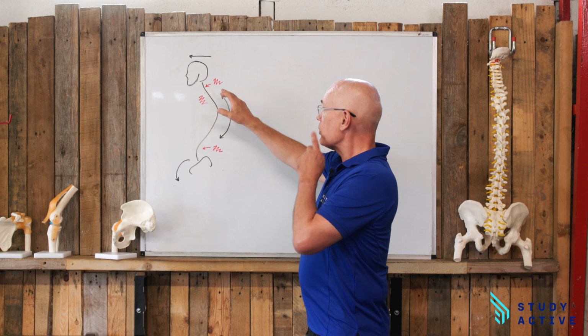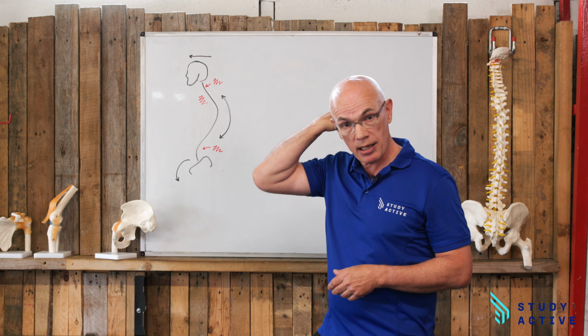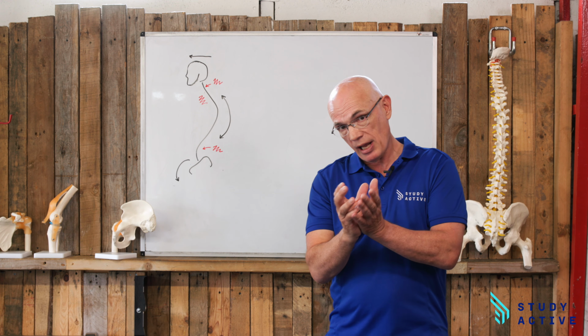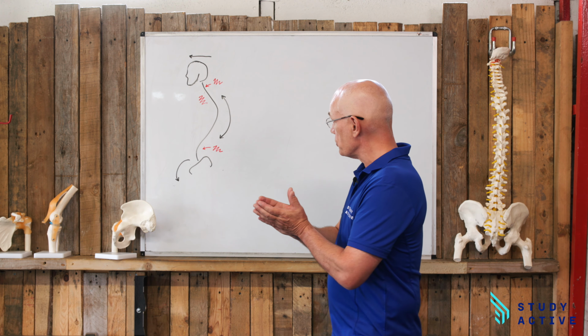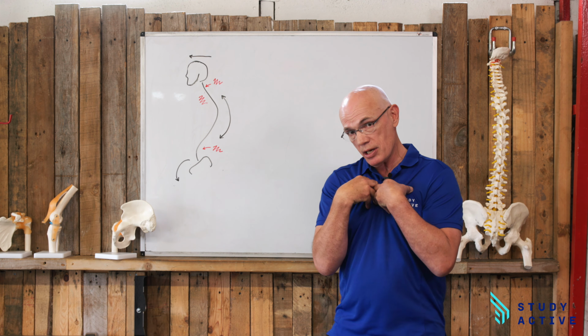What does that mean in terms of muscles? What it means is that we get some very tight muscles here in the cervical region. They would be the upper trapezius muscles, also the levator scapulae muscles. You may have heard of those muscles. Also, what we tend to see is a shortening of the pecs, of the pec major and of the pec minor. And we then see that closing in of the chest.